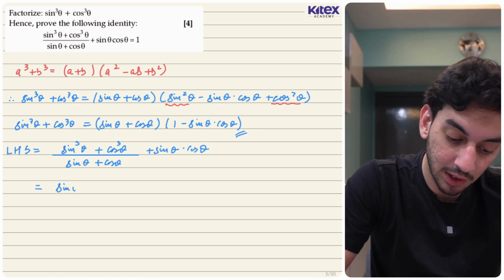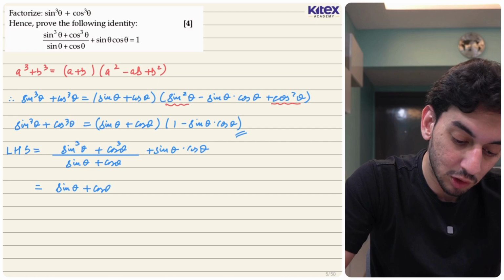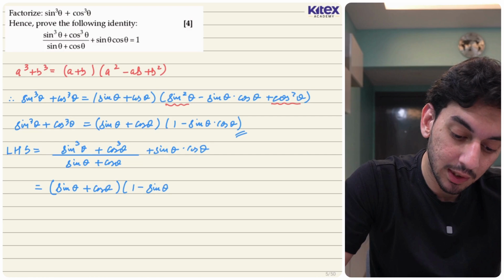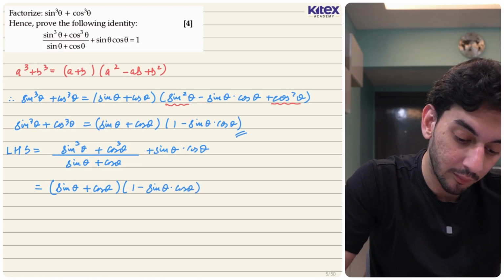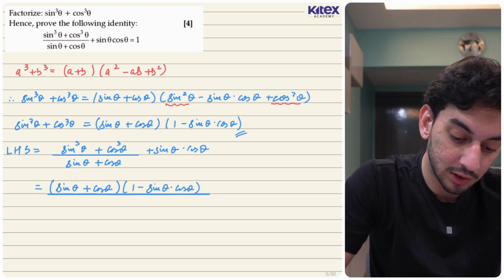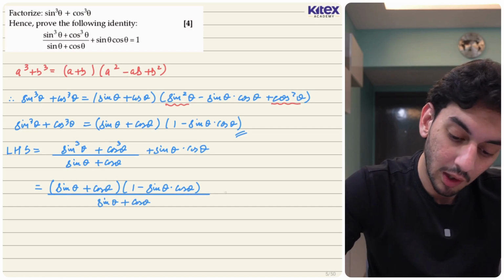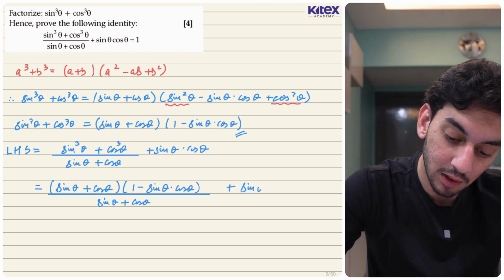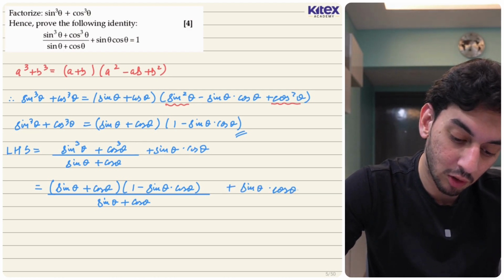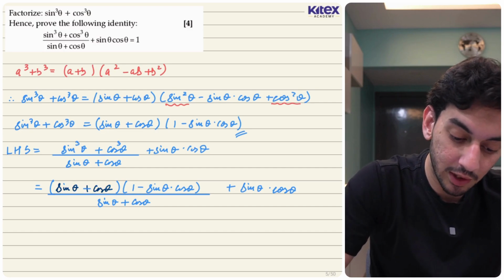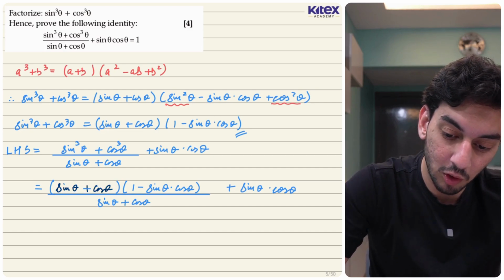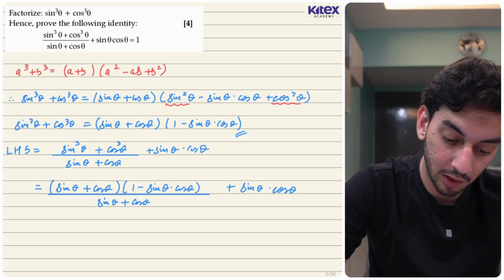So it becomes sine theta plus cos theta times 1 minus sine theta into cos theta, and the denominator is just sine theta plus cos theta. It remains as it is, and I have a plus sine theta times cos theta over here. Now I can get rid of sine theta plus cos theta from the numerator and the denominator.